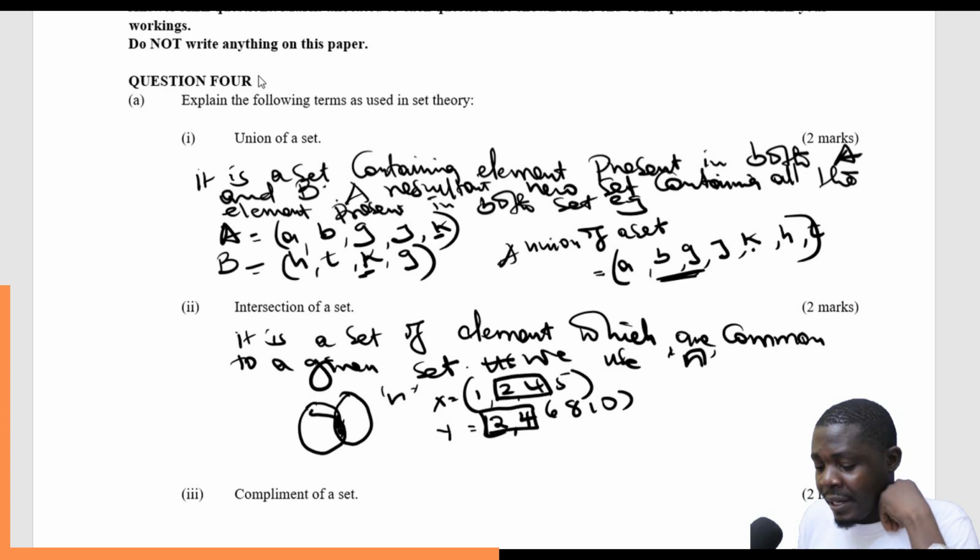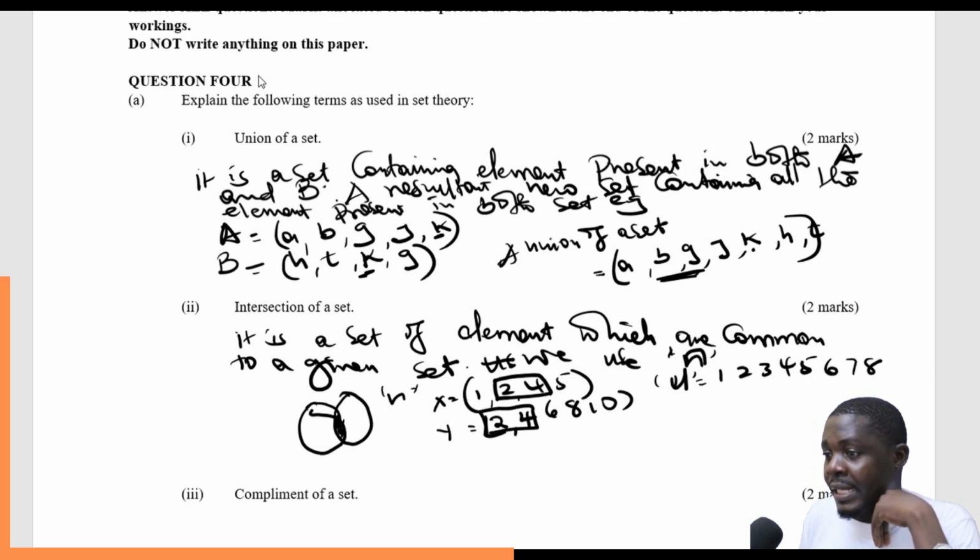Now finally we can have 1, 2, 3, 4, 5, 6, 7, 8, 9, 10.